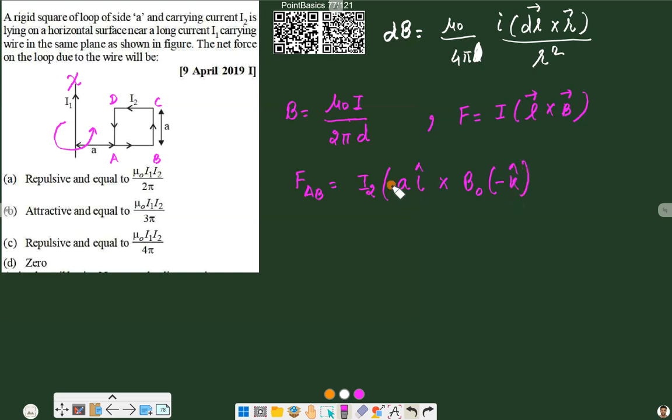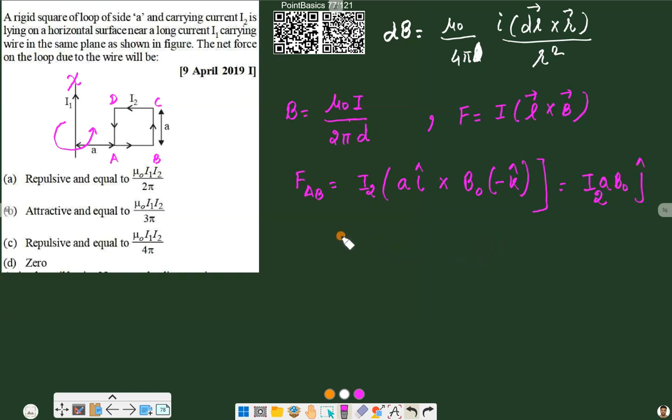So we will get the value of force on AB part: it will be I cross K, which will give us minus J, and minus J with minus sign will give us plus J. So it will be I2 A B node J.